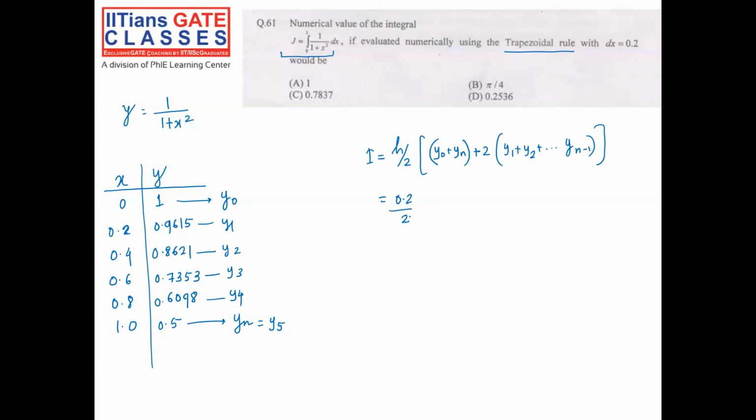So 0.2 divided by 2, y0 is 1, yn is y5, which is 0.5, plus 2 times y1 plus y2 plus y3 plus y4.